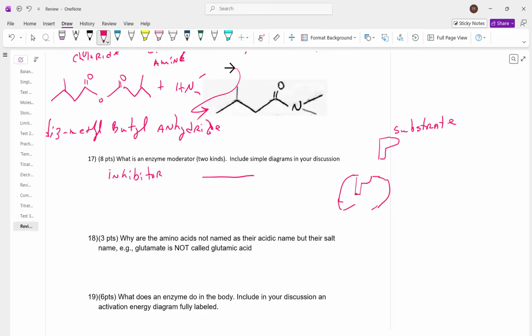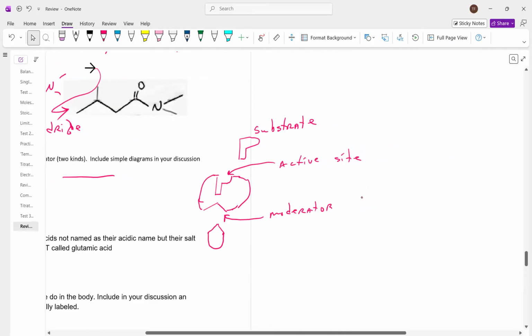And then down here, okay, so this is the active site here. And this is going to be the allosteric moderator. Okay, so what happens when things get inhibited is when this attaches.